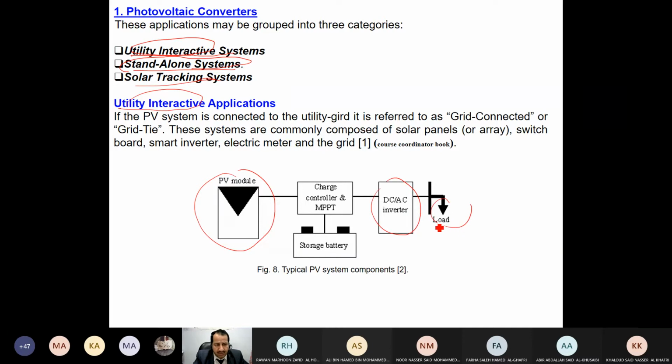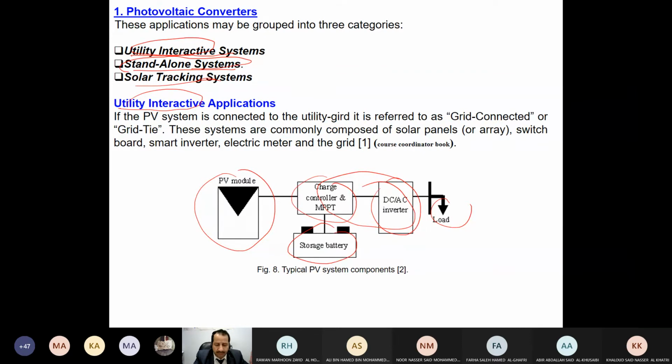Sorry, this is the grid. It's supposed to be grid, not load. Load is in the case of standalone, but the interactive system is supposed to be grid. Sometimes they put the charger separate from the inverter, or both in one box. In an isolated system, we may use a battery.